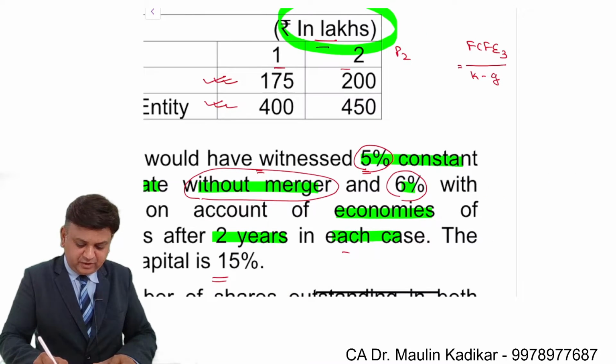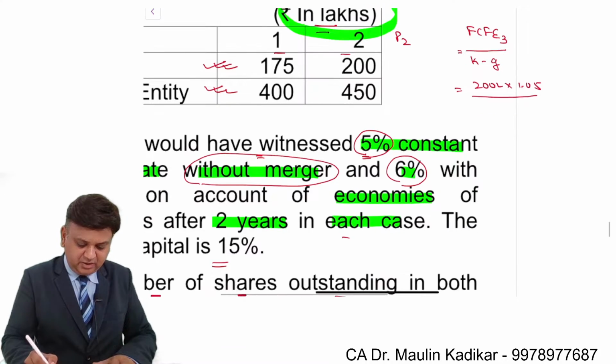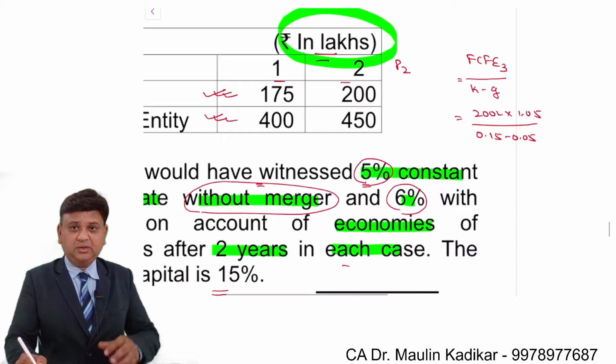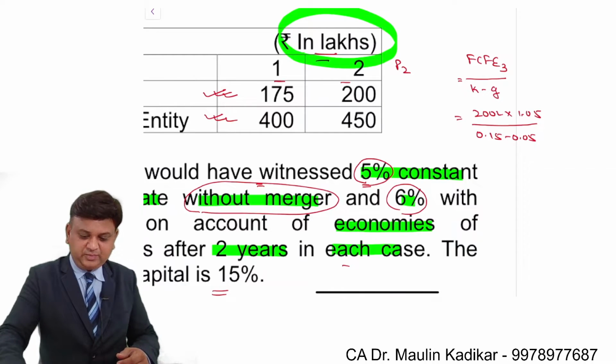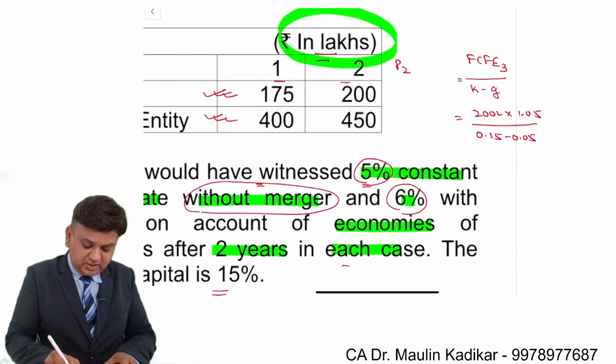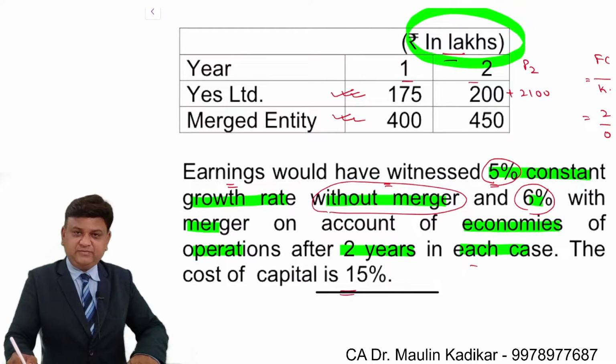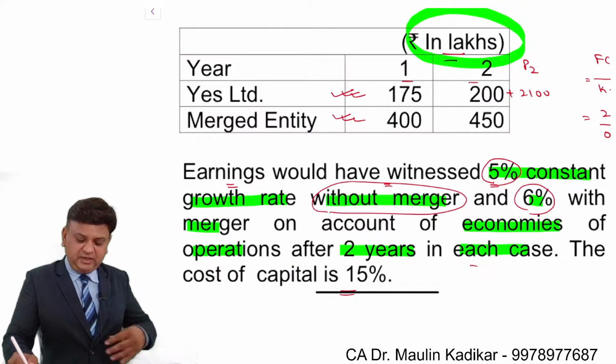So listen to me carefully. It is 200 lakhs into 1.05 divided by cost of capital 15% less growth rate 5%. So 200 into 1.05 divided by 0.10. So at the second year end, we will have additional cash inflow of 2100 lakhs. First year 175, second year 200, P2 2100.